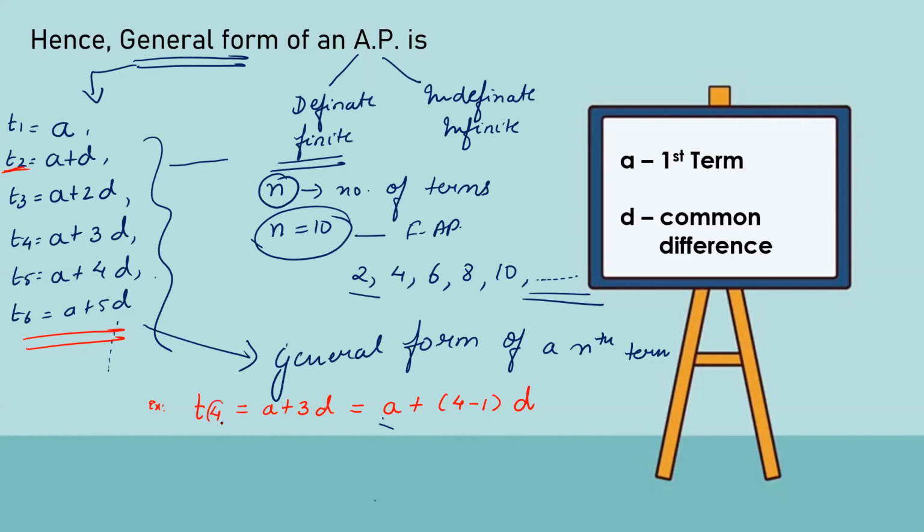So instead of 4, if I keep n, the general form for the nth term, let's say Tn, or in some books it's given as An, is equal to A plus n minus 1 into D. Yes, this is the general form. What is the general form of an nth term? An is equal to A plus n minus 1 into D. All these terms are in the same form.